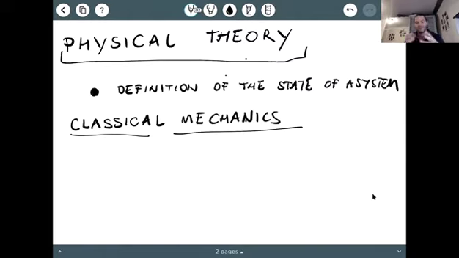It could modify its state. For instance, I take this little thing here and let it drop, and the state of the system, even intuitively, has changed. Before it was here, now it's here. So something has changed. So at some time t, in classical mechanics, a state of the system, let me call it gamma of t, is the collection of all the positions of all the particles in the system.